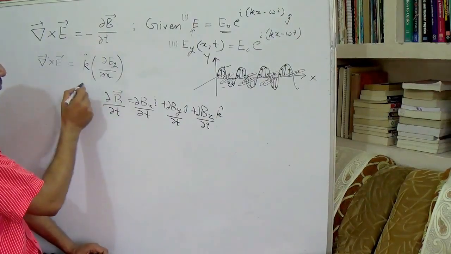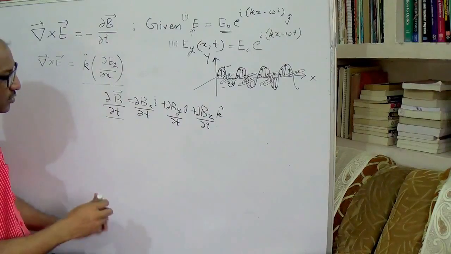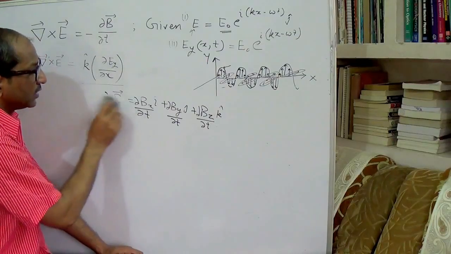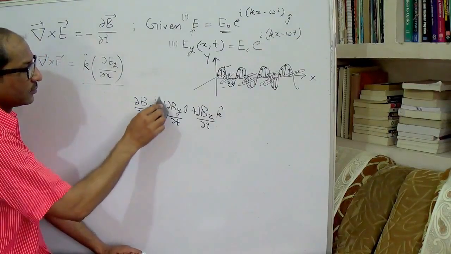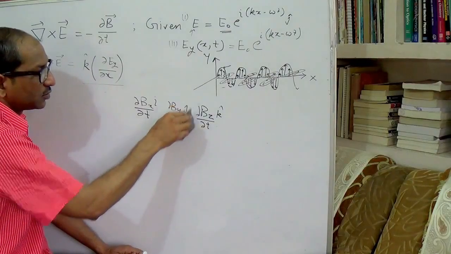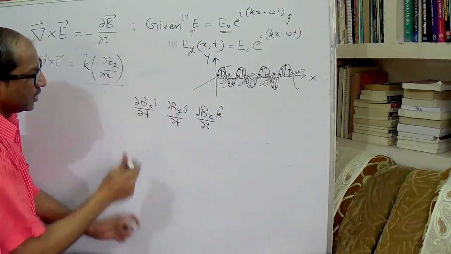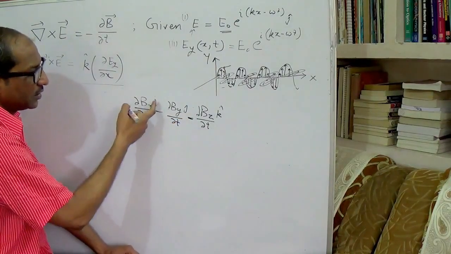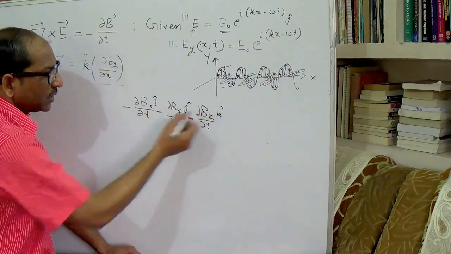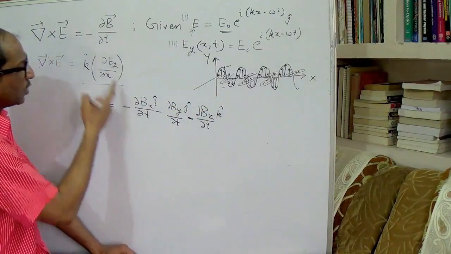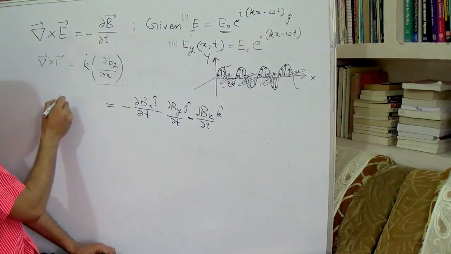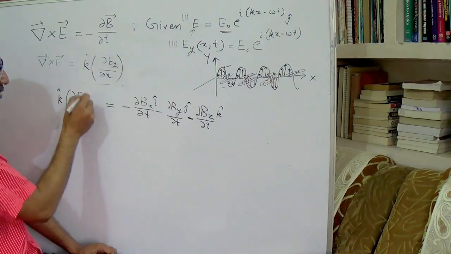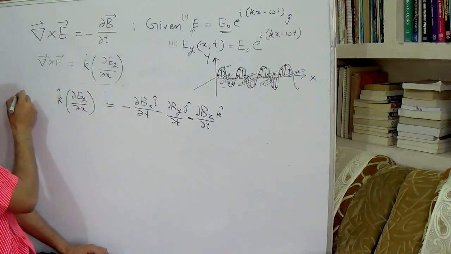So now this is the left hand side and this is the right hand side. I can write it with the negative sign as mentioned here. Instead of this plus sign I am directly using the negative sign, minus with i cap, j cap and k cap, and this is equal to the left hand side, that is unit vector k del Ey upon del x, and the other components are 0.